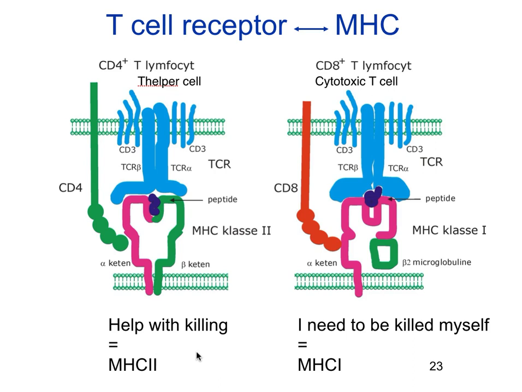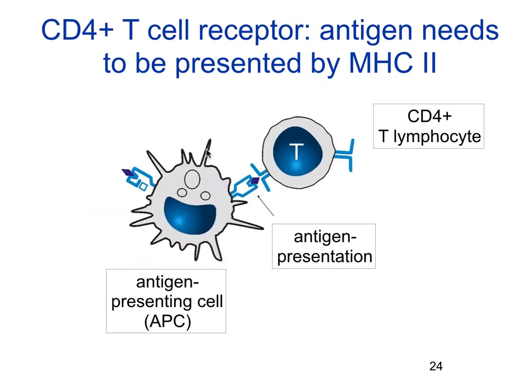So it doesn't want to be killed itself because it's doing its function, but it just needs a little bit more help. So with MHC class 2, phagocytosing cells can tell T cells that they need some help with killing whatever they've eaten. And here it's shown in a different way.